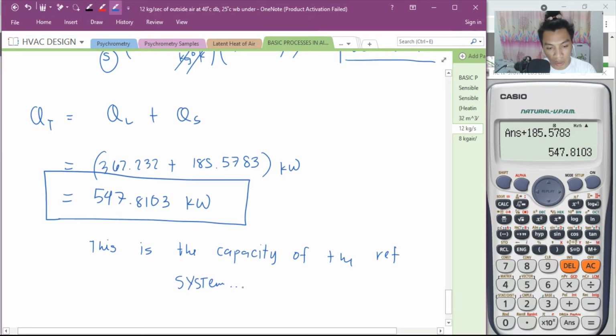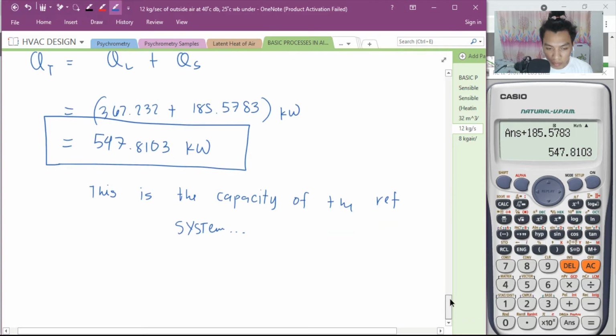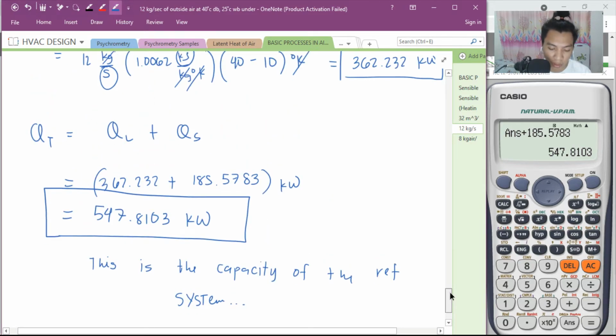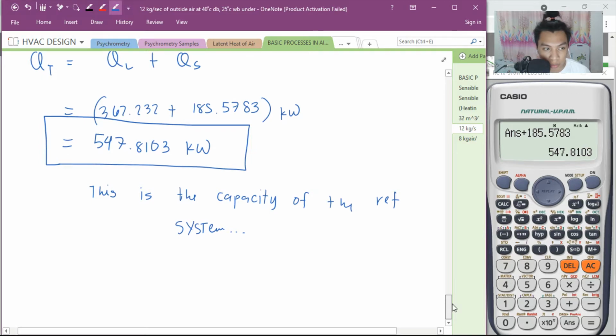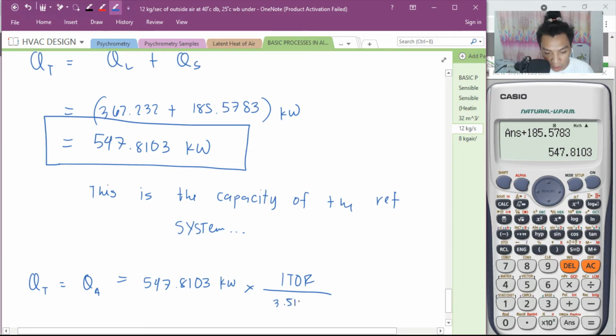Eh, anong hinahanap natin? Okay? Di ba ang hinahanap natin is in tons of refrigeration. So, this is in kilowatts. Paano natin ita-translate yan? QT is equal to QA. 547.8103. Ilang tons of refrigeration per kilowatt? Okay? Hanapin nyo. Hindi na natandaan. Oh, 1 ton is equal to 3.5167 kilowatts.